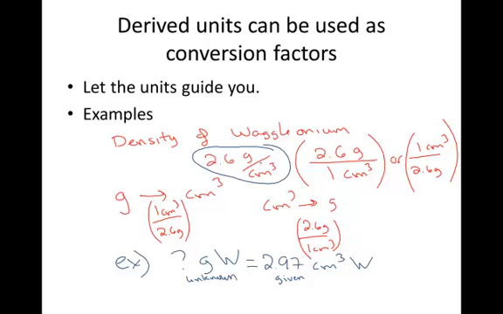That is a conversion factor. Any derived unit in existence can be used as a conversion factor. However, it's limited. For example, this density here can only be used as a conversion factor between grams of wagolonium and centimeters cubed of wagolonium.